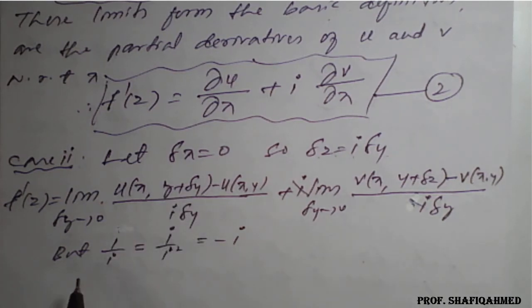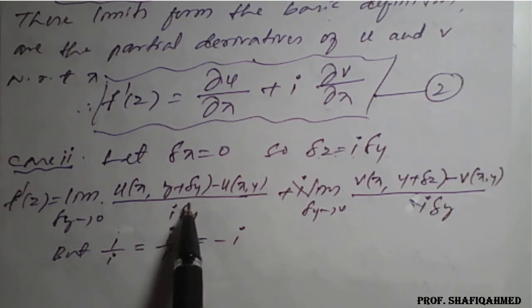This is the definition of the partial derivative of u and v with respect to y.